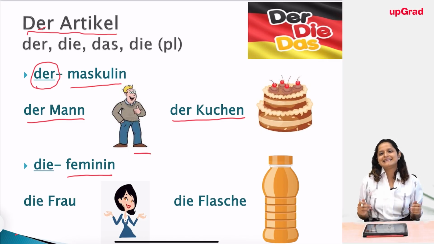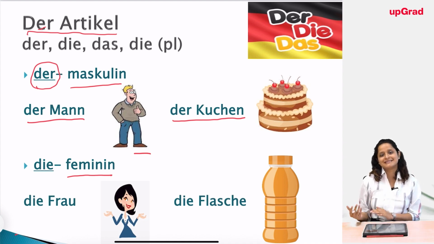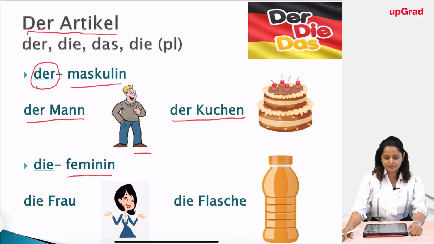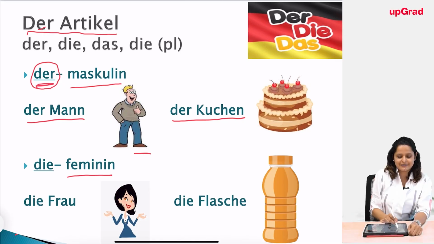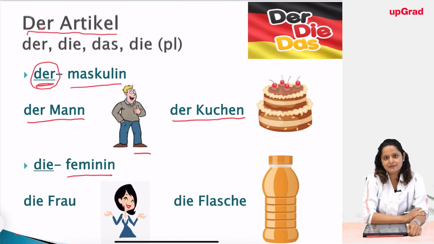We will always say der Kuchen and not just Kuchen. This applies whether you are making questions or statements. Whenever you use the nouns, make sure you use the articles, that is, the gender of the noun, along with it. So for our masculine gender, the nouns we have here are der Mann and der Kuchen.